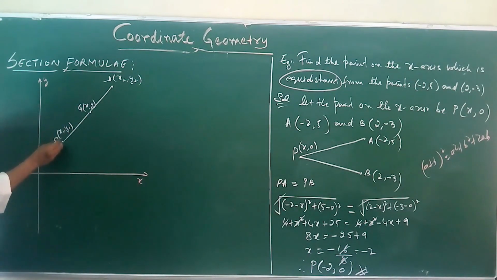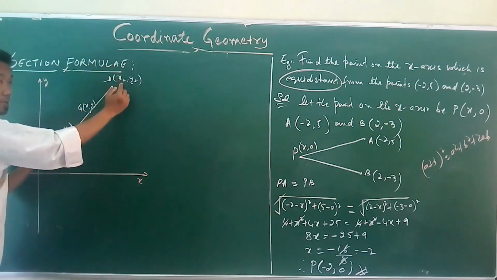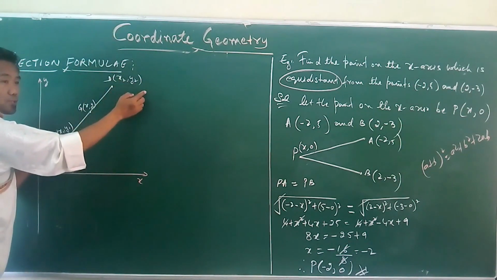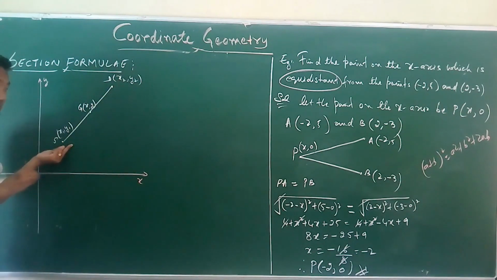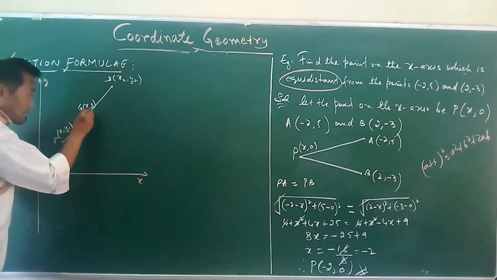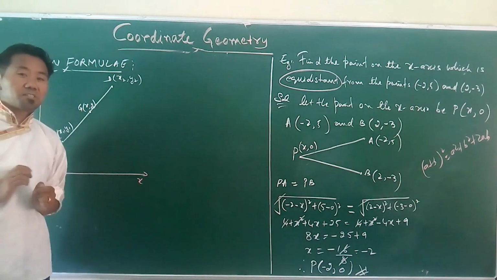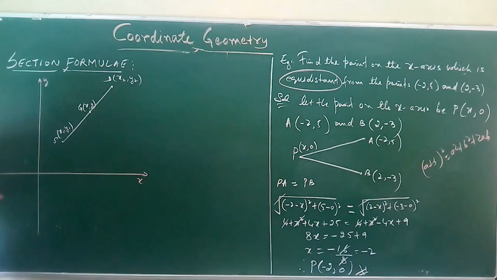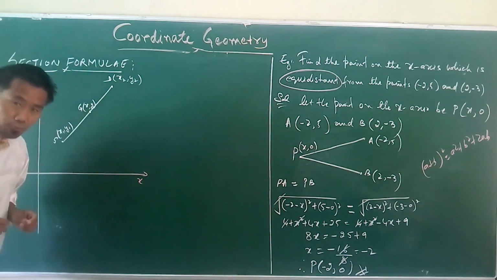Gopalpur is x1, y1, Dharamsala is x2, y2, then my position here is just x and y. So this is the position, and this is also correct for the section formula.